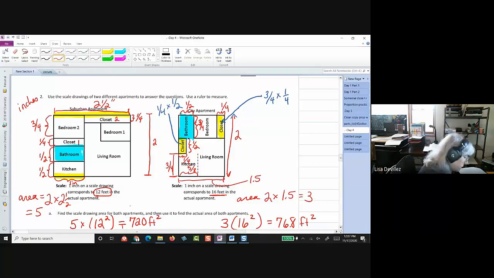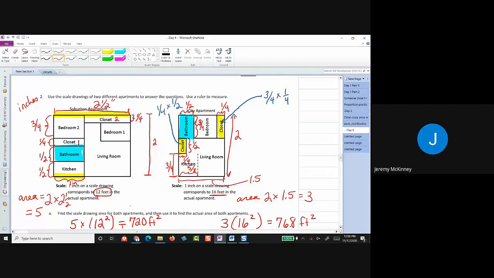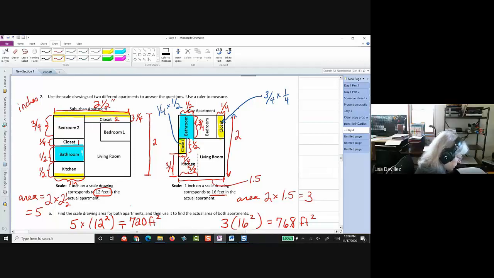Okay, so. Oh, we didn't use the scale on this one.